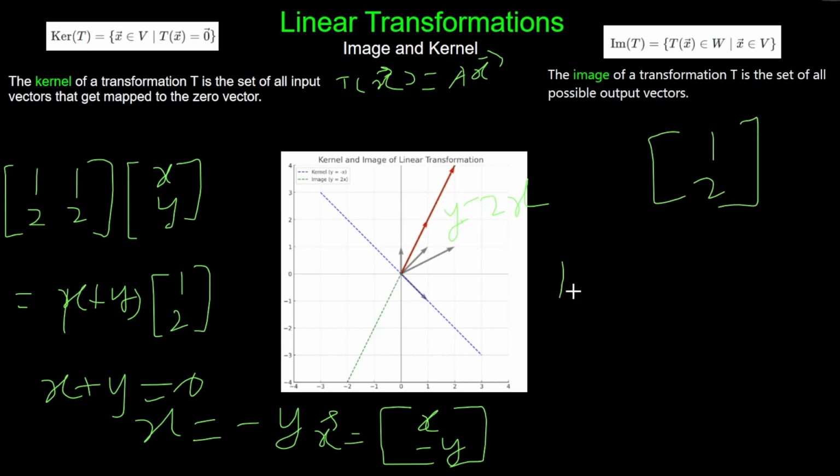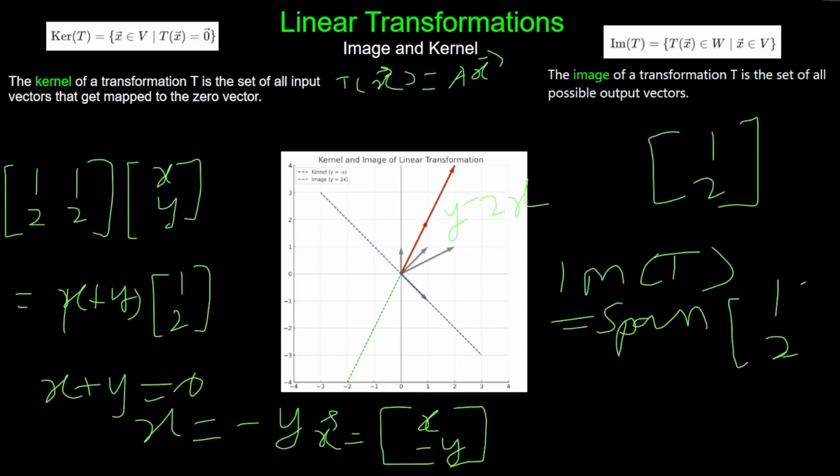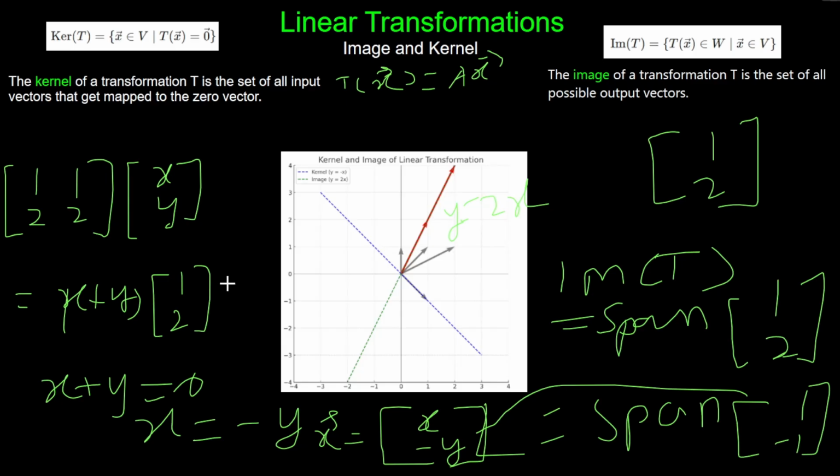So the image of T is just the span of all vectors spanned by one vector, 1, 2. So it is spanned by this line. So in 2D it is compressed into a single dimension. So in that process we lost a kernel. Kernel is a set of vectors which get mapped to 0. So the kernel represents the set of all vectors spanned by 1 and -1, which represents x and minus y. So that's what we mean by kernel and image during linear transformation.